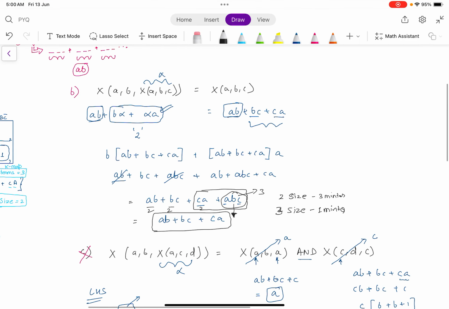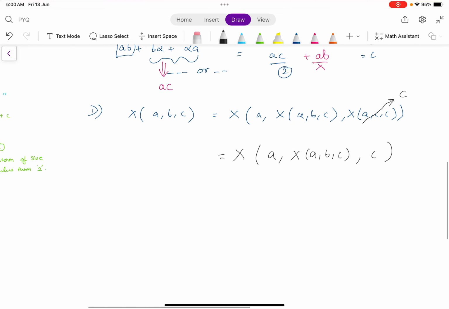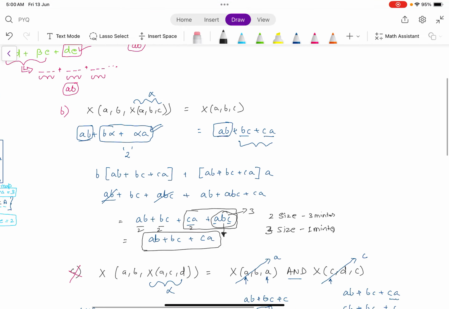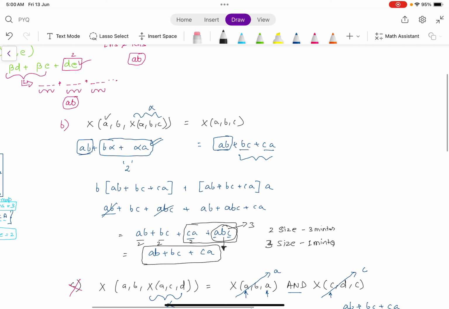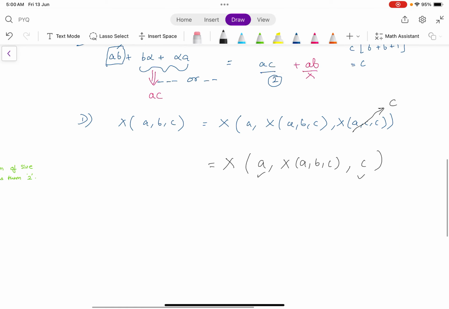If you can see, AB, X of ABC, order doesn't matter. AB, X of AC. Here the difference is only A and B, so nothing will change.